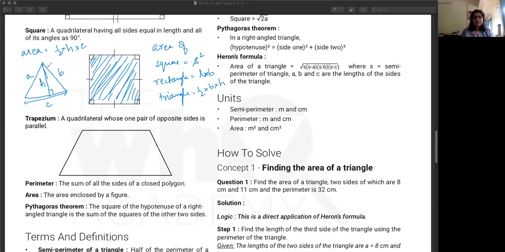Correct. Whatever the height is, the base that you need to consider is whatever side this height is falling on.